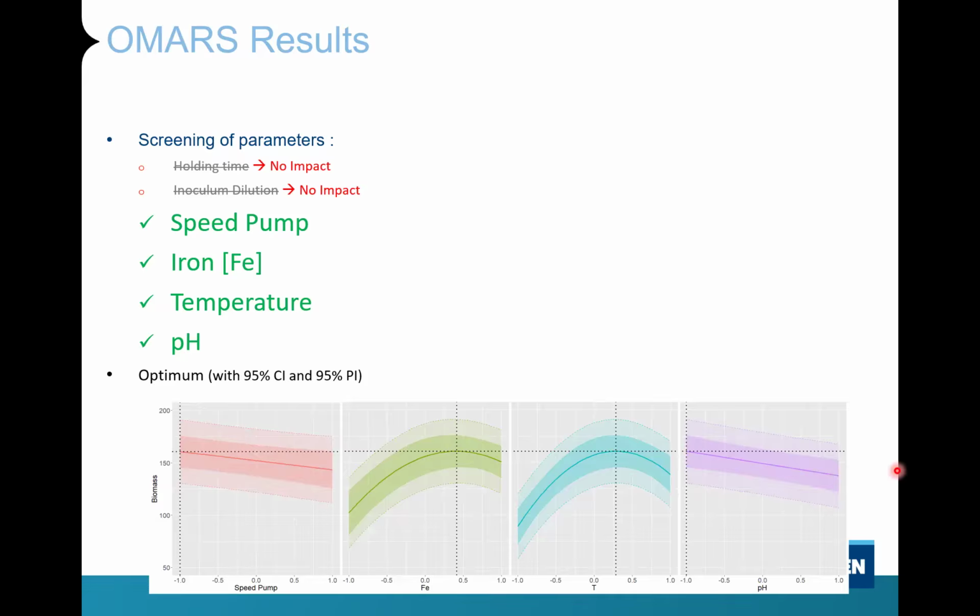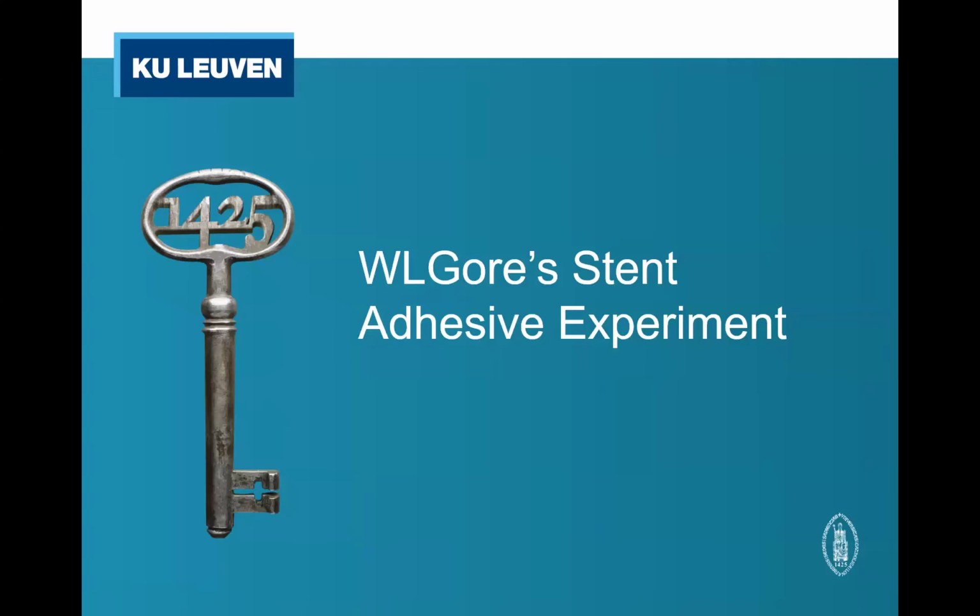So GSK is one of the companies that has been using OMARS designs already. Another company that has been using OMARS designs is W.L. Gore, a chemical company. And W.L. Gore's applications of OMARS designs are very different from those of GSK.